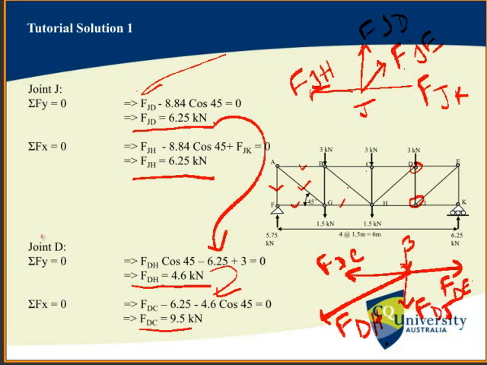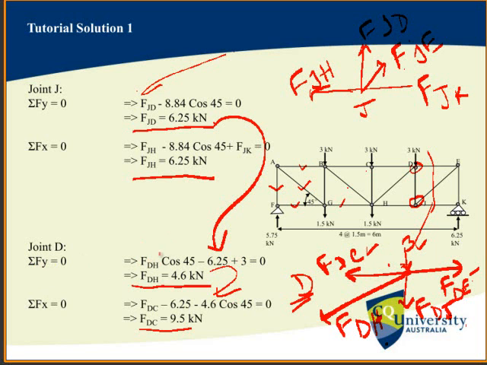Just consider the joint D. First draw the free body diagram of D. See this figure for D. In this figure apply 3 kilonewton directly, and the forces for FDE, this one, and the forces for FDC, this one, the vertical forces FDJ and these member forces DH. Apply the equilibrium equation for this free body diagram, sum of y equal to 0.